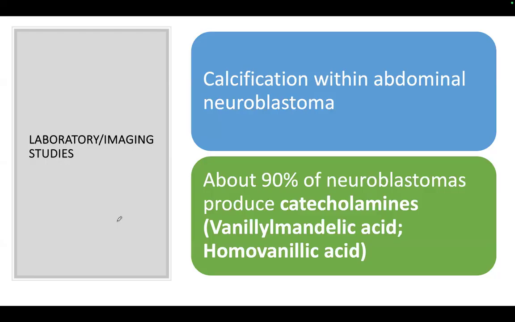Now, for the laboratory studies, in addition to the VMA and the HVA, take note, 90% of neuroblastomas will produce catecholamines. So that's VMA and HVA. Please take note of this.